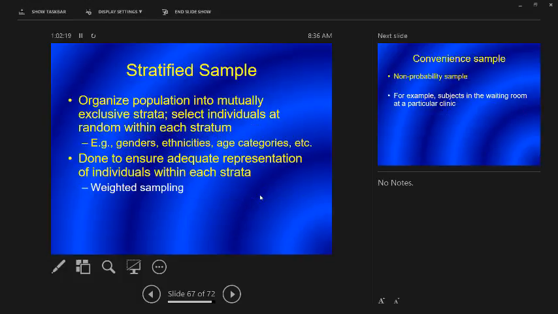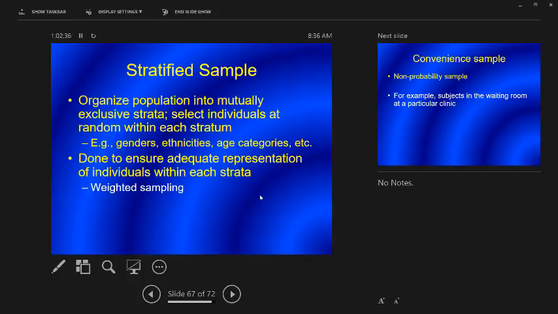In a stratified sample, we might have different groups that we want to look at, or strata as they're sometimes called, and then we pull our sample from within the groups. So, males and females, we might pull a different random sample for males and females, or different ethnic groups.